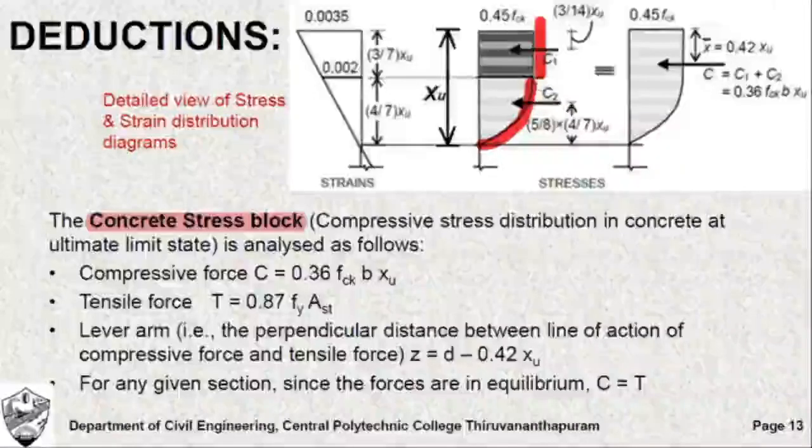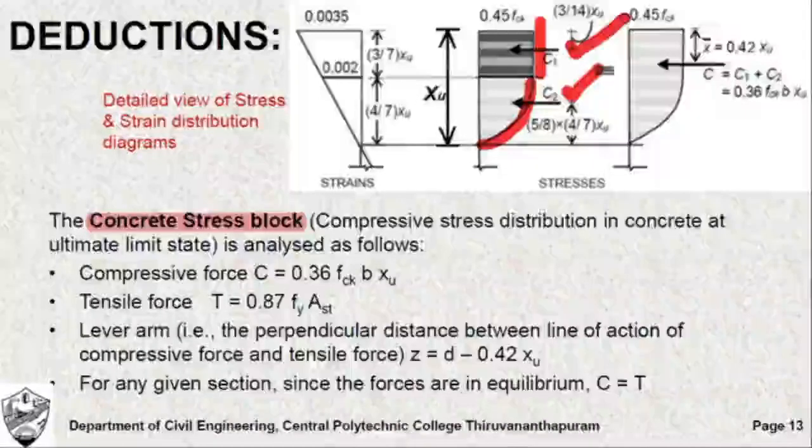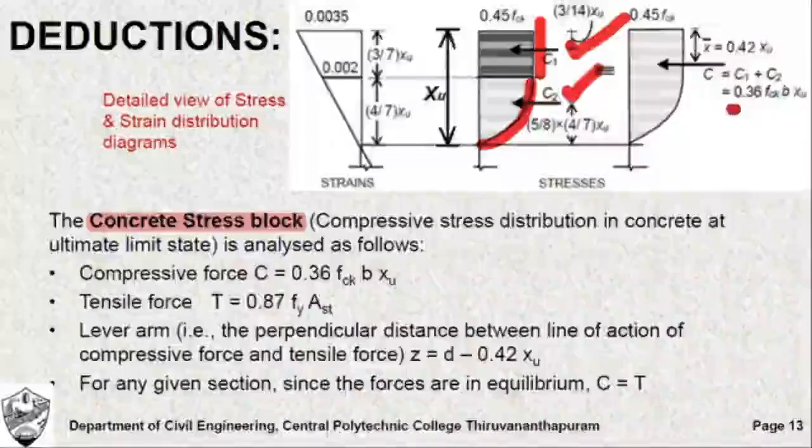The parabolic variation will give a value of compressive force C2, and the straight line portion, the linear portion, gives another value of compressive force, that is C1. And by evaluating the concrete stress block, we can determine the compressive force acting at the level of concrete.